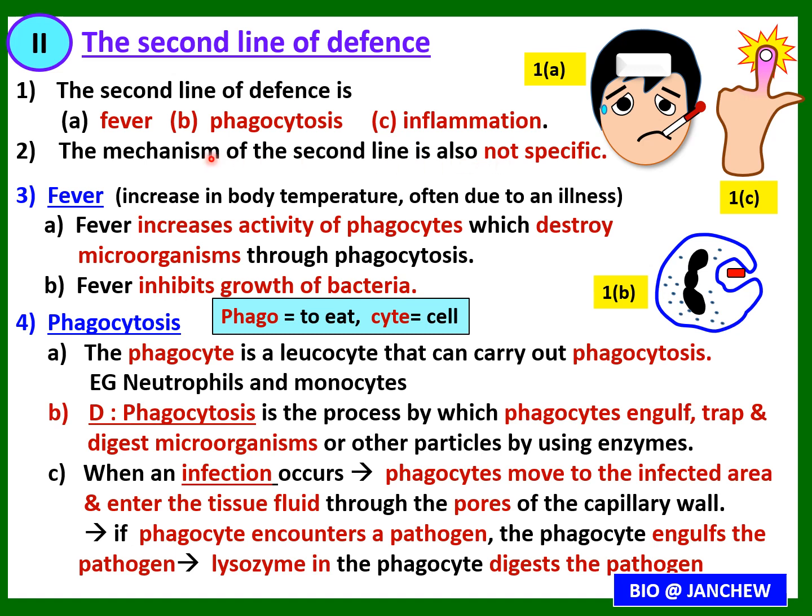All right. So let's discuss the first component of the second line of defense, and that's fever. So fever occurs when a person's body temperature is beyond the normal body range for himself. All right. So different sources give a different value of when fever occurs.